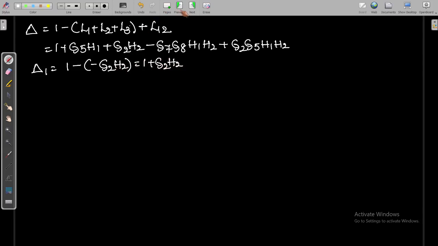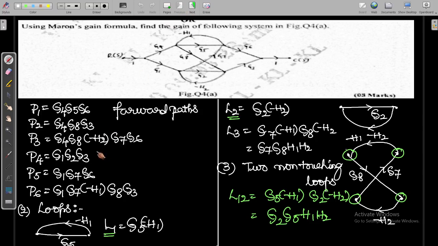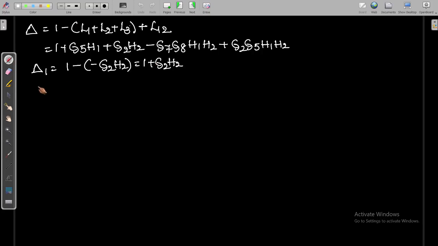Next delta 2. Delta 2 is going to touch all the forward path, the forward path will be G4, G8, G3, so it is also touching all the forward path, you can't take it, so you can write delta 2 will be equal to 1.